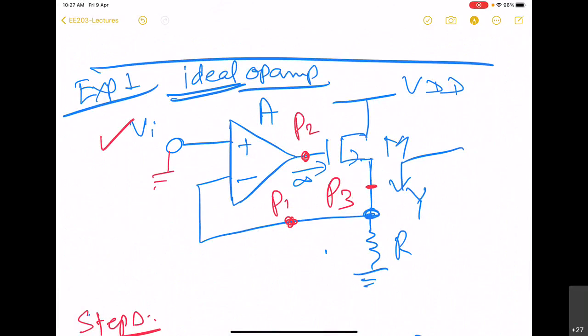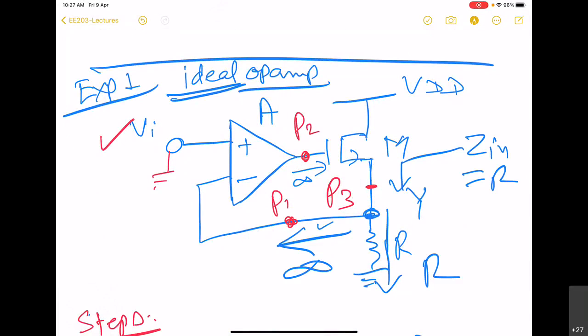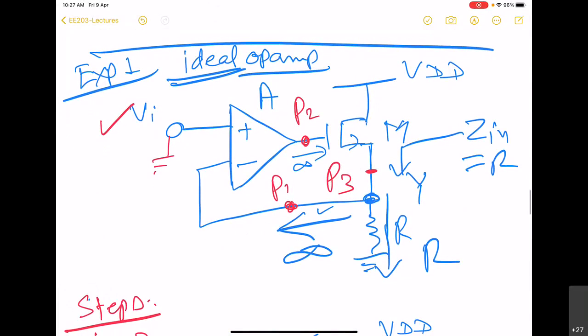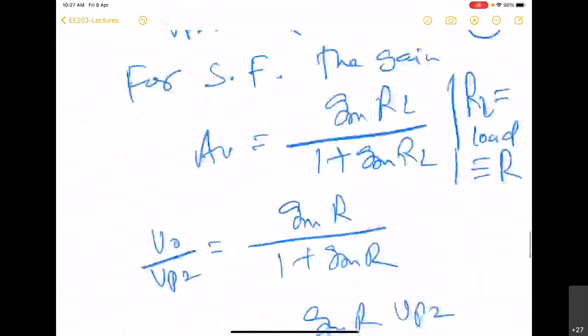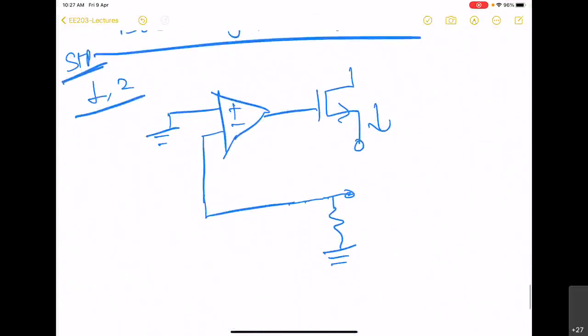If you look in this direction, we have a current going in this direction and in this direction. The current in this direction is 0, so this impedance is infinite. This is R. So this Z in is R. So at P3, looking towards node 1, the impedance is R.